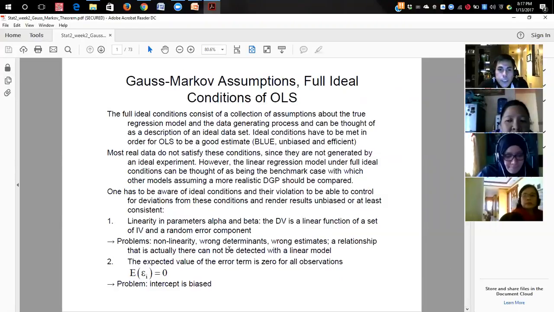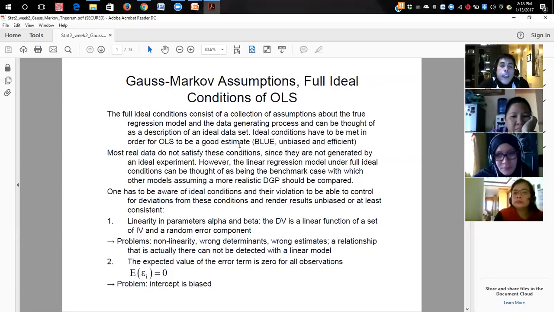This is a very good descriptive summary of the Gauss-Markov theorem. I will just emphasize the highlights of the Gauss-Markov assumptions, because you can read this in detail later on.